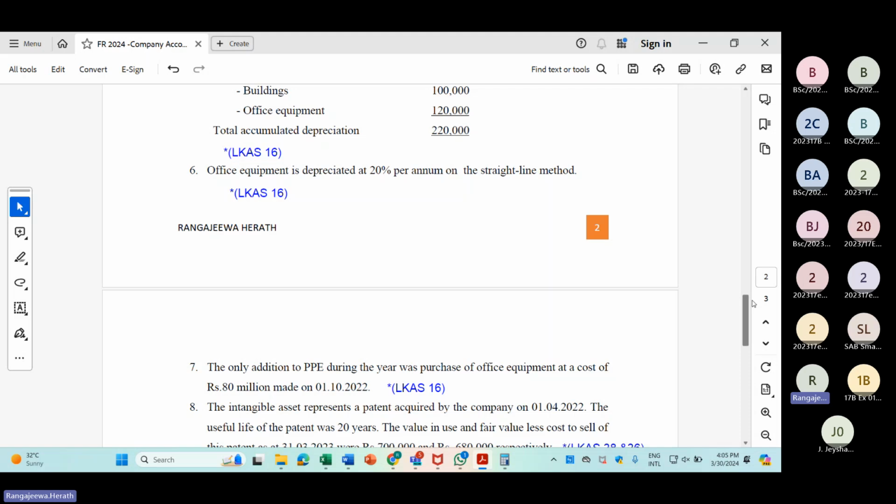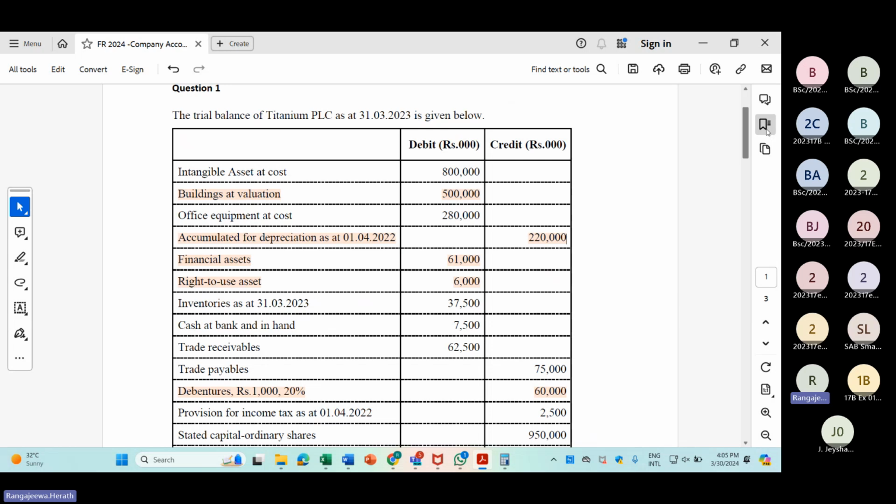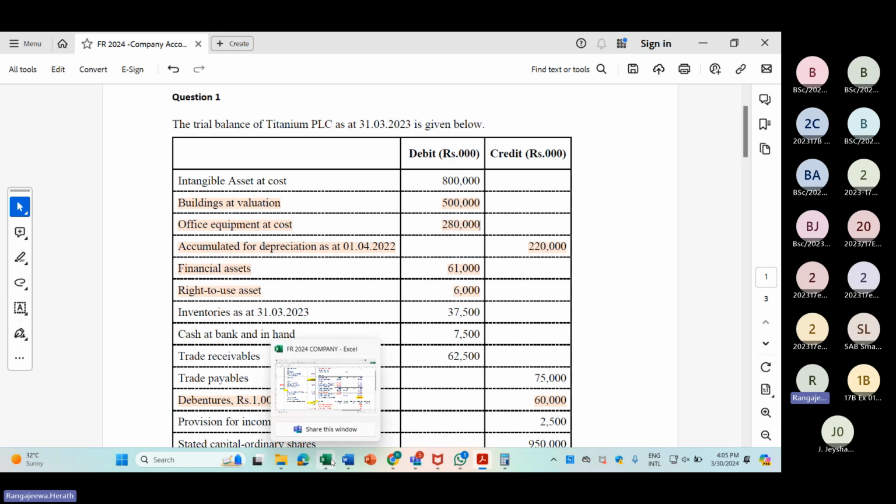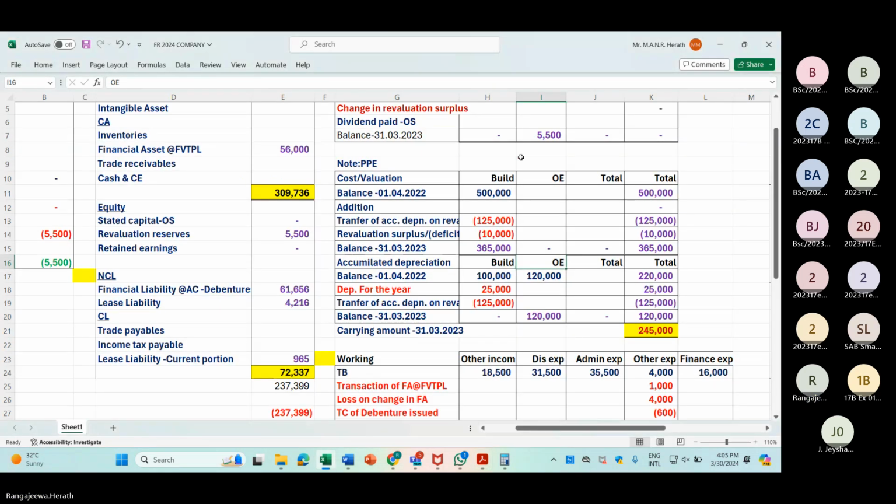Only addition to PPE is the office equipment acquired 80,000. And the office equipment closing balance 280. So that includes 80 during the addition. That means opening office equipment should be 200,000. And current year addition 80,000 properly accounted. We have a balance of 280.